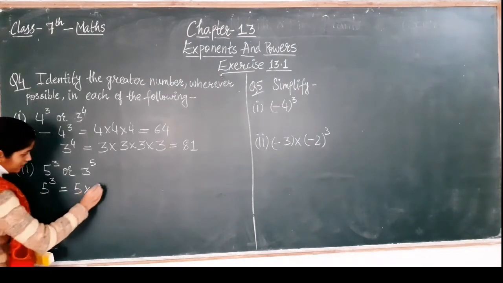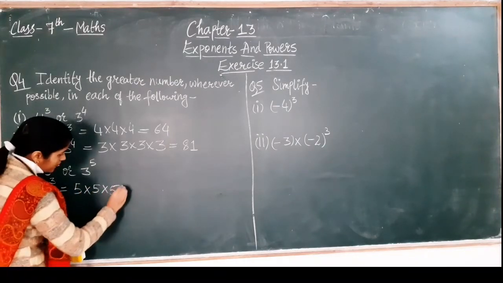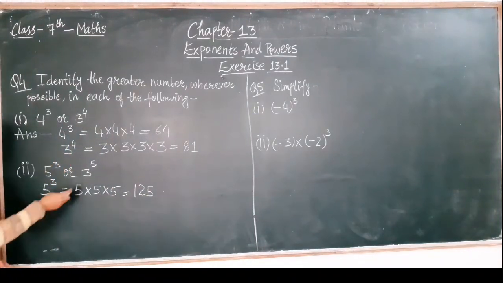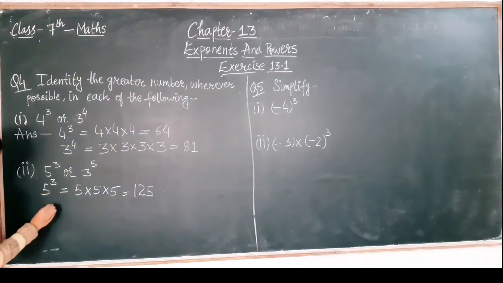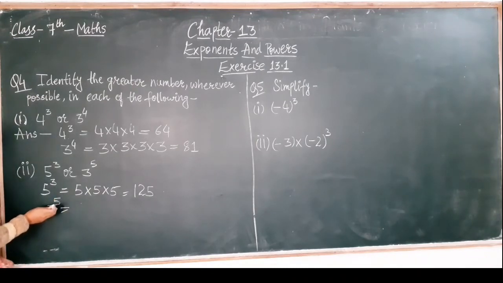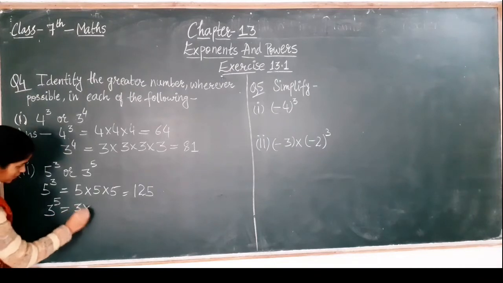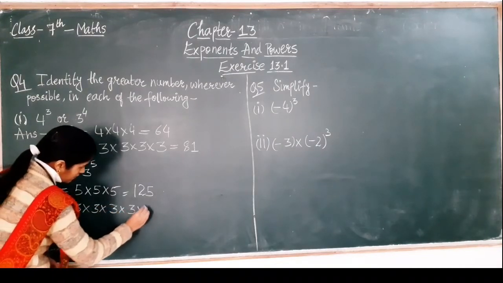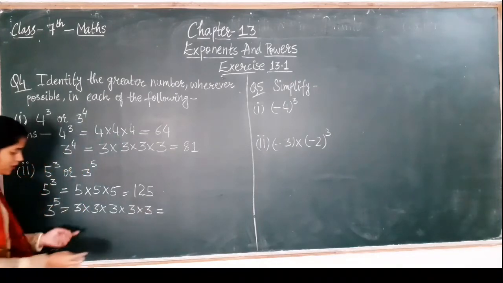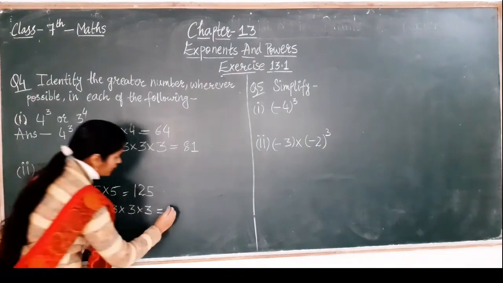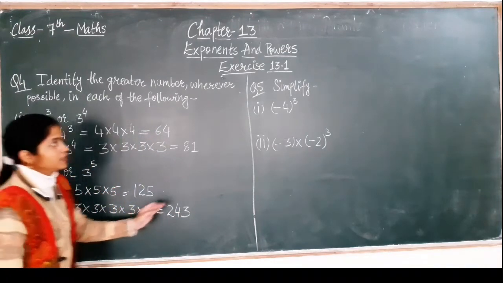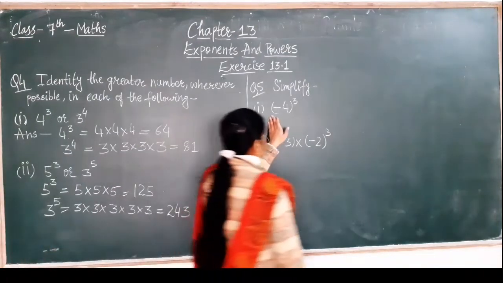If we multiply 5 three times, we will get 125. And next we have been given 3 raised to the power 5. So we have to multiply 3 five times. If we multiply 3 five times, we will get 243.